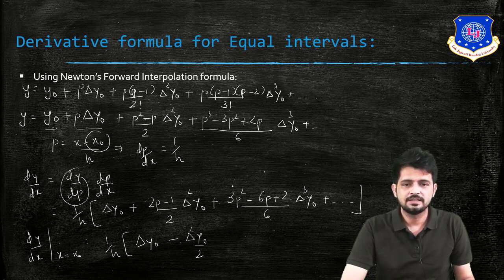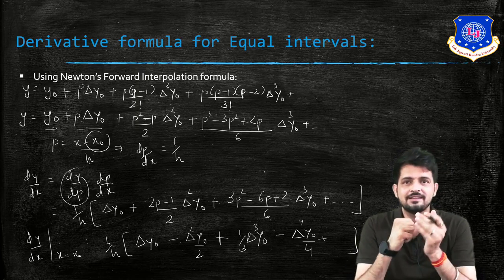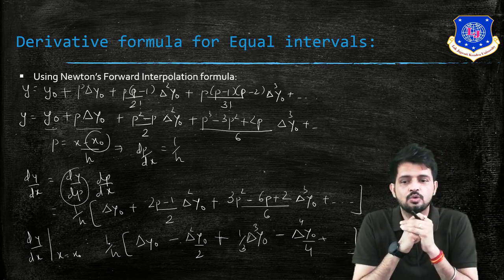Here these two terms will be 0, 2 by 6 is 1 by 3, plus one by 3 into del cube y0 minus del raised to 4 y0 by 4 and so on. So this is the formula to find dy by dx at x is equal to x0.